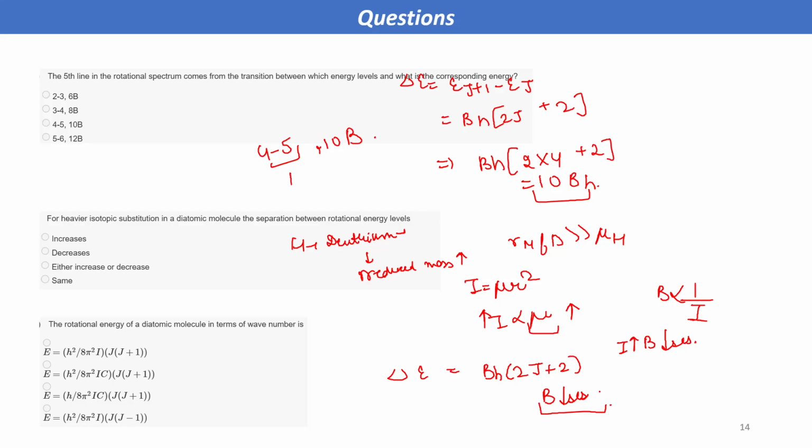Is it clear? Now next, the rotational energy for a diatomic molecule in terms of wave number is, which one will be correct out of these four options? Decreases.